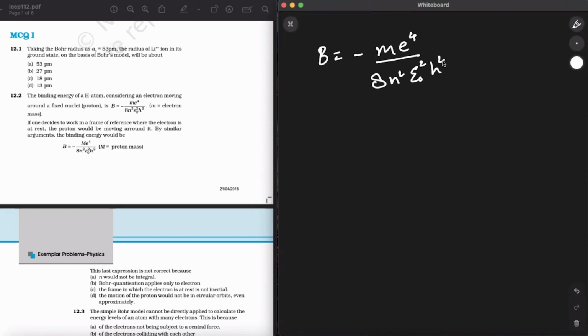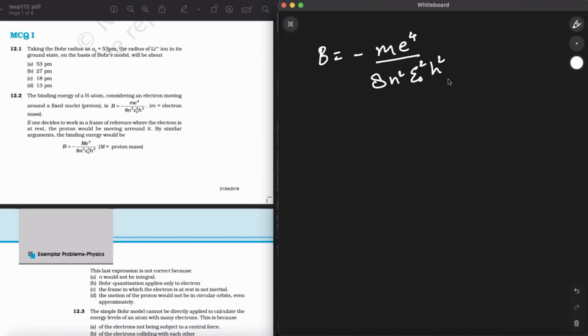But when you reverse the situation and start looking at the electron at rest and the nucleus moving around, the frame is non-inertial, so you cannot just switch the formula. It would not work. So option C is correct. The motion of the proton would not be in circular orbits even approximately.